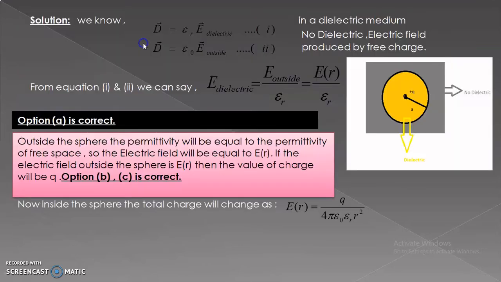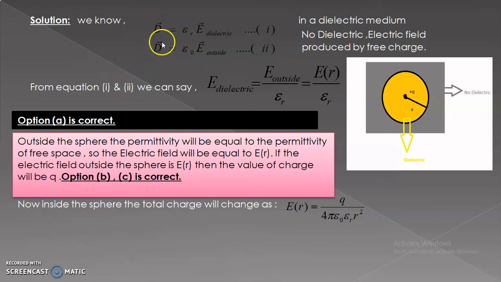Now let's start with the solution. So we know that the D vector, that is the displacement vector, is equal to epsilon times the electric field inside the dielectric medium, and outside the dielectric medium it is given by this, with epsilon naught, that is the permittivity of free space.